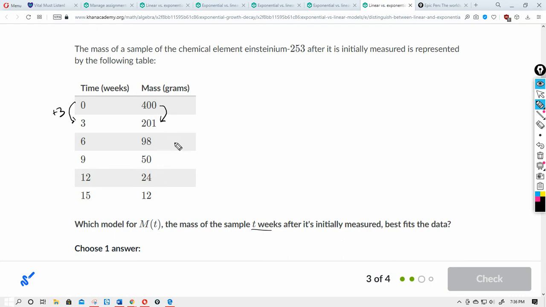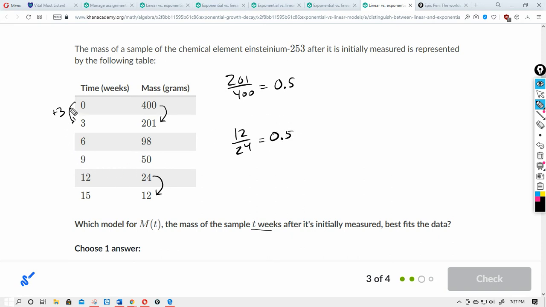This is definitely exponential. Okay, so we can divide any of these, like I said before. We could do 201 over 400, or we can do 12 over 24. Okay, in both cases, it is approximately 0.5.